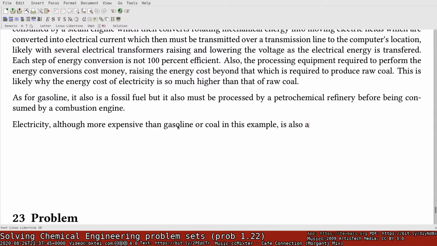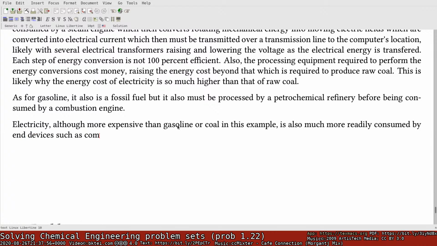It is also much more readily consumed by end devices such as computers and refrigerators.